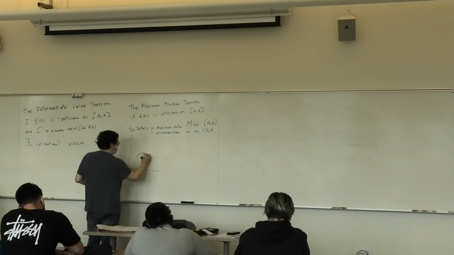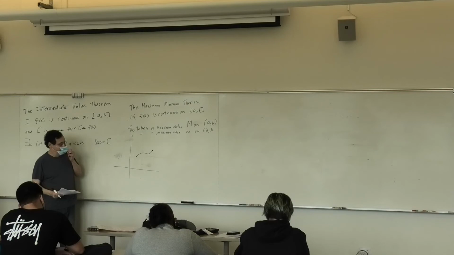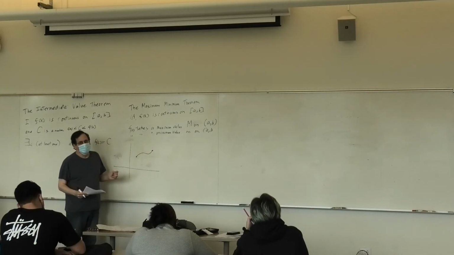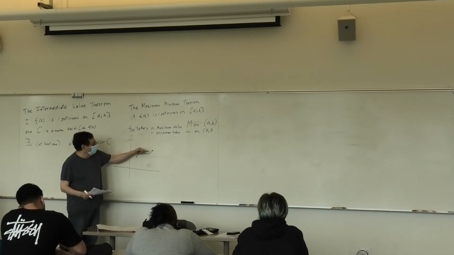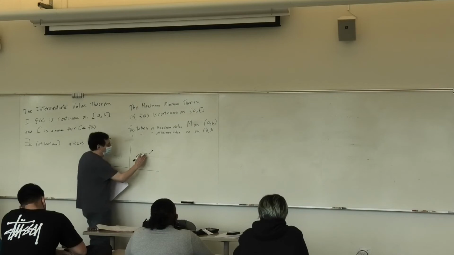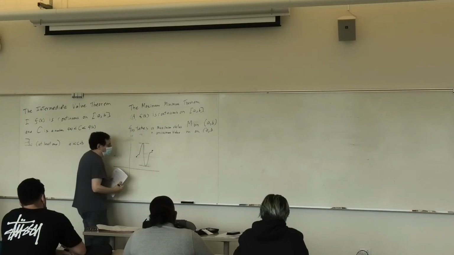If I have some function, has two endpoints, it's continuous. Somewhere along here is some maximum value and some minimum value. It might not be at the endpoints. Function might go like this. We have a max here and a min here.